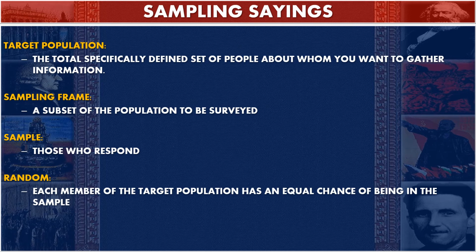And this is the key thing. When we say something is random, it means that each member of the target population has an equal chance of being in the sample. So for example, some people respond more to surveys because they have more time on their hands, they like sharing their opinion. They might be motivated to give a response because they're happy or unhappy with how the school is doing, and therefore you might get a skewed sample.